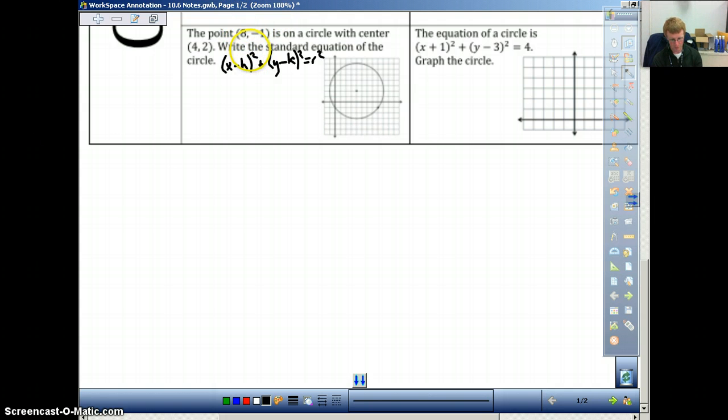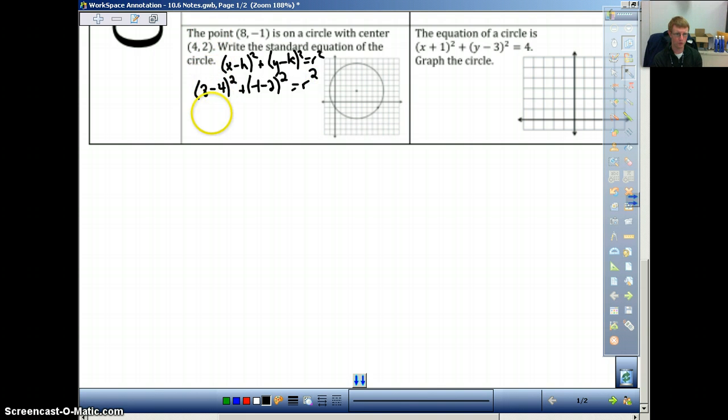So the first thing I'm going to do is plug in our x values. I'm going to plug in the x value, which is 8, because that's what lies on the circle. My h is the x value of the center, so that's minus 4 squared, plus y is negative 1, and k is 2, so negative 1 minus 2 squared equals r squared.